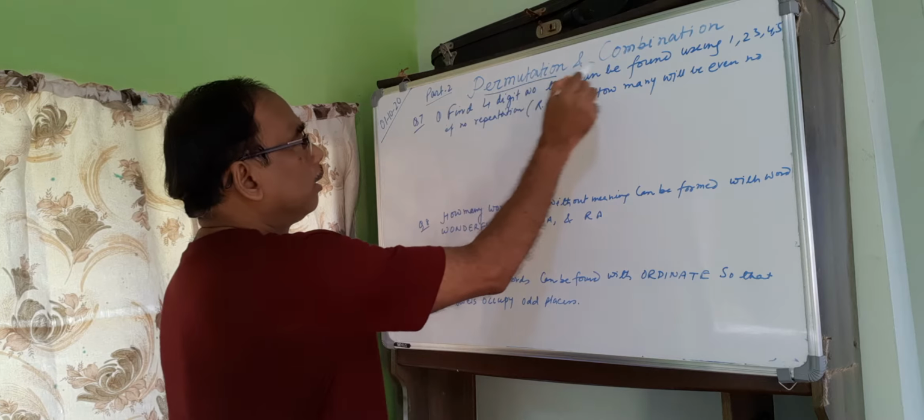Next, sum number 2. How many words, with or without meaning, can be formed with the word WONDERFUL, if repetition is not allowed?